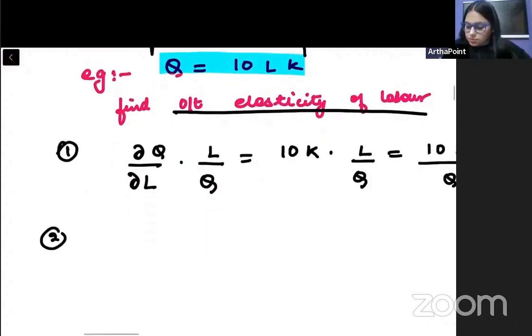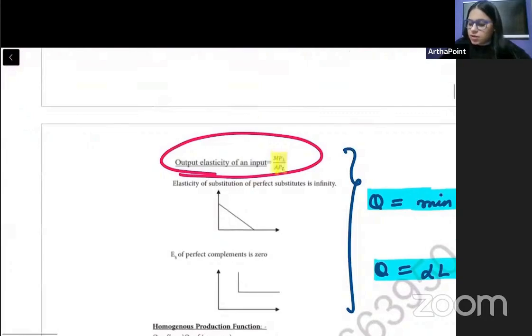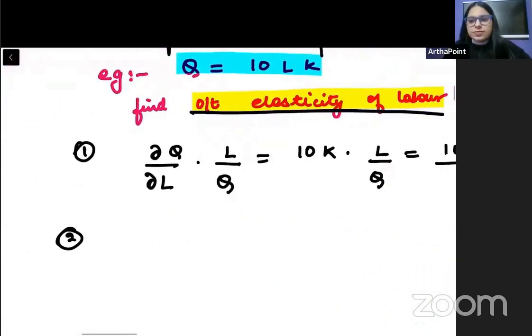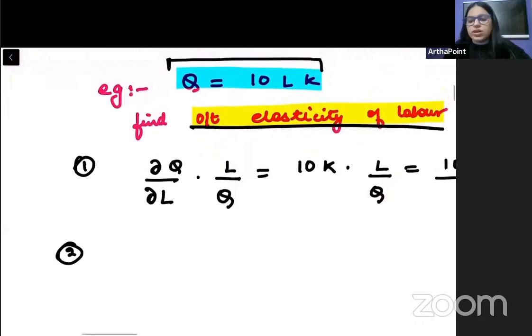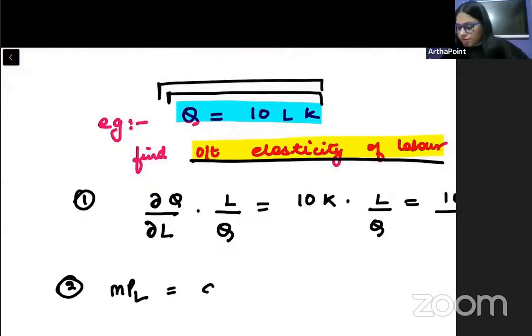Second formula. It is asking me calculate output elasticity of labor and it can be calculated using this formula. Marginal product of labor divided by average product of labor. ठीक है, वो करके देख लो. You will get the same answer. What will be marginal product of labor? Differentiate this with respect to L. This will give you 10K.